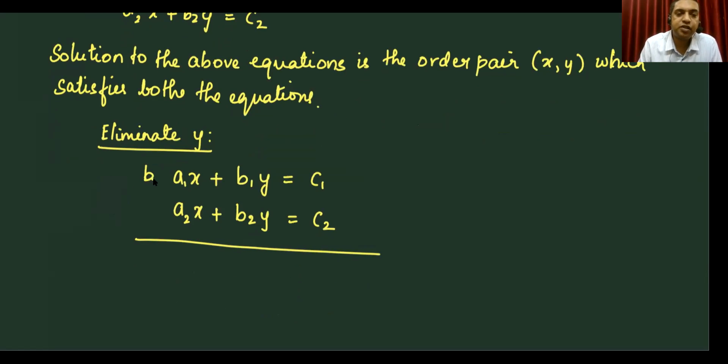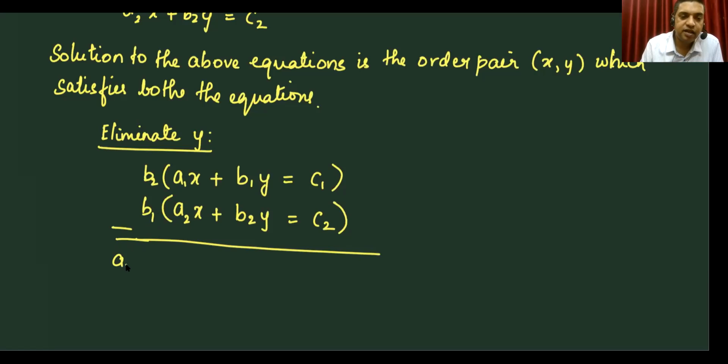Multiply the first equation by the coefficient of y of the second equation and multiply the second equation by the coefficient of y in the first equation. So when you multiply, you will get b1 b2 y, b1 b2 y. Now subtract this. This will eliminate y.